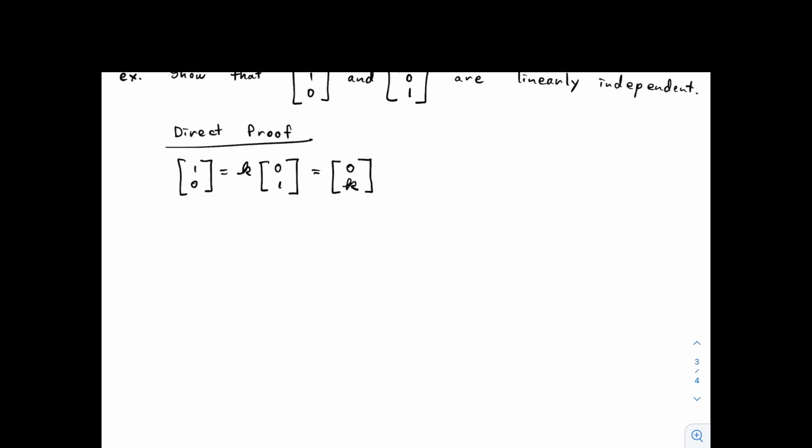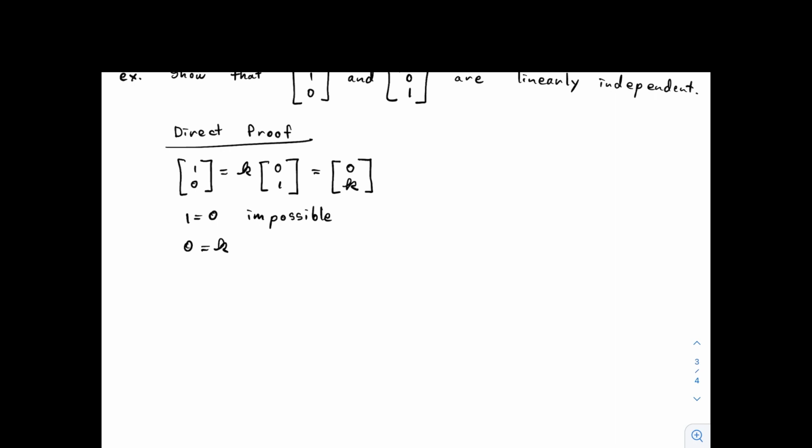And if we consider the equality of this relationship, well, then we can, again, consider things component-wise. So here, by looking at our first component, we get 1 is equal to 0, which is impossible. And in the second component, we get 0 is equal to k, but that is less relevant.